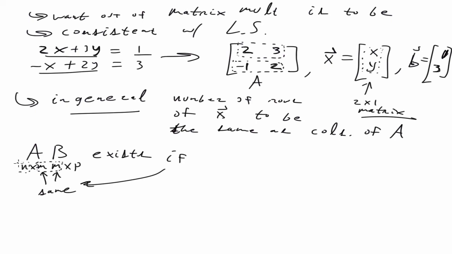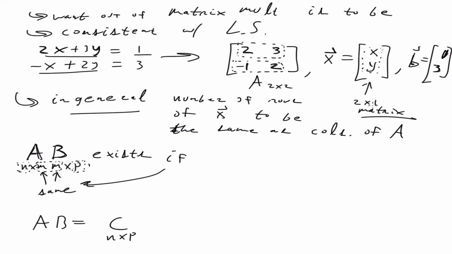So these two have to be the same. These can be different. All right, and AB then is equal to C, and it turns out that C will be n by p, and that'll be the outer two. Right, so it's going to have the number of rows of A and the number of columns of B. And that's the same thing over here. Do you see that this is a 2 by 2 matrix here?